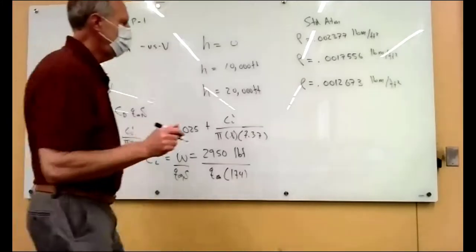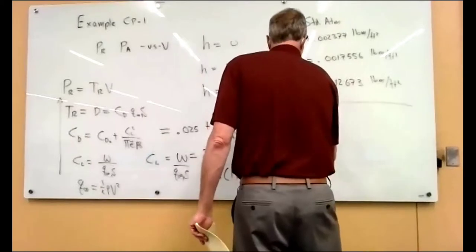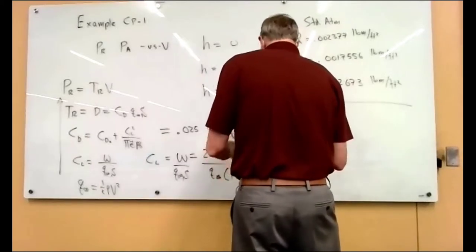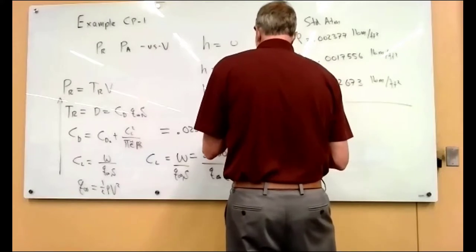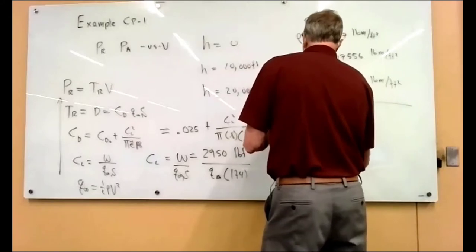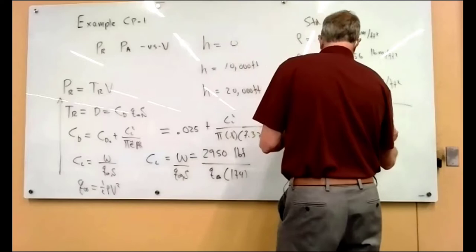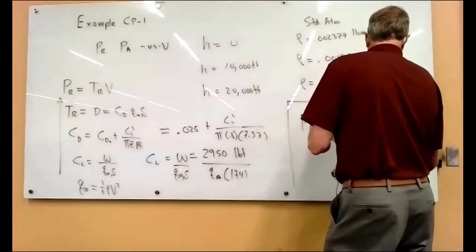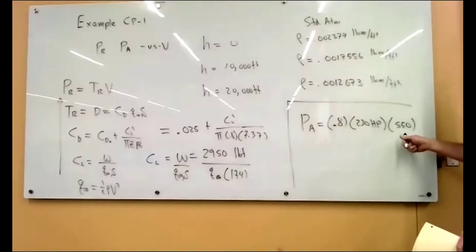And then the power available is given. We calculated that last time. It's the efficiency times the engine horsepower, and then we convert it to foot-pounds per second by multiplying by 550.